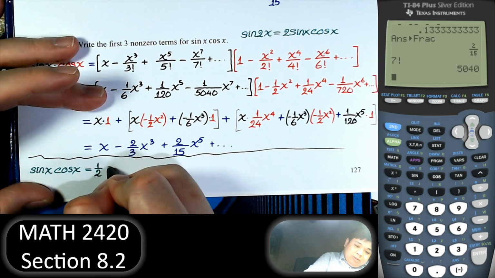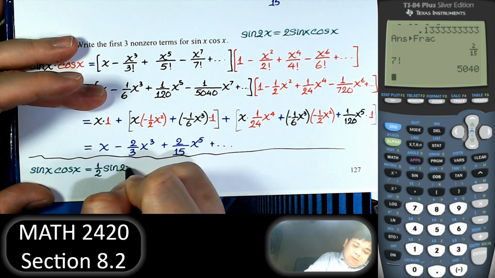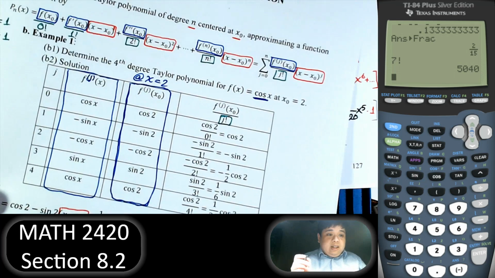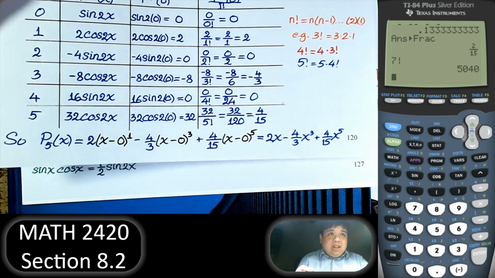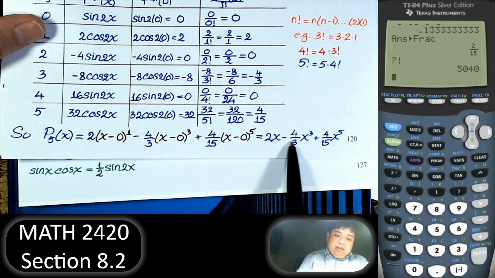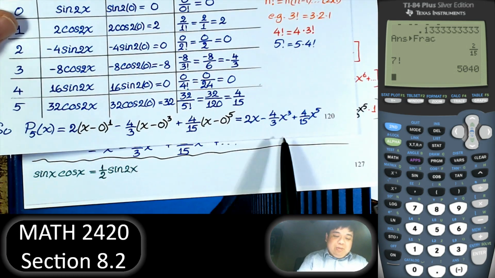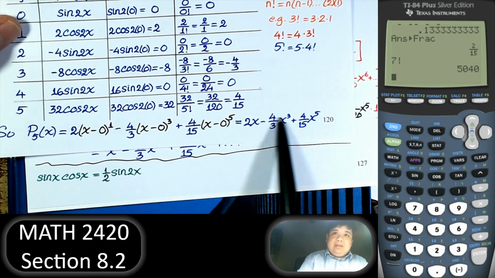Divide by 2. At the beginning of section 8.1, we did have the power series for sine of 2x. So of course, the Maclaurin series, we can actually just use that.